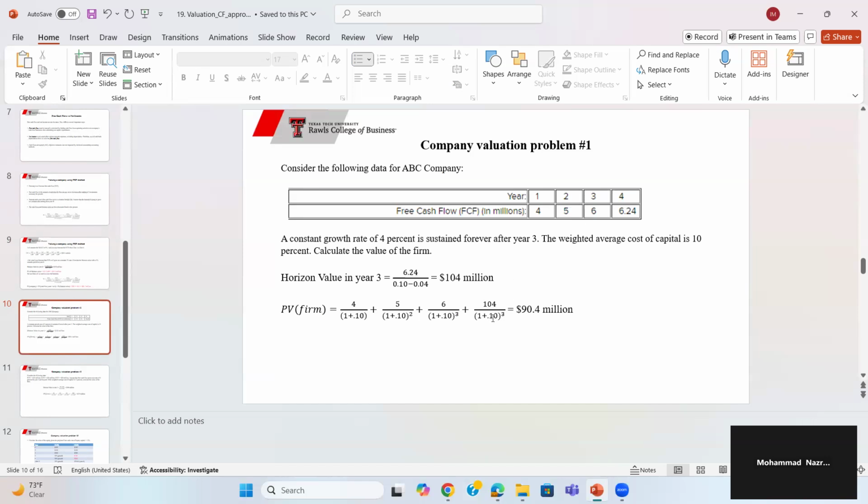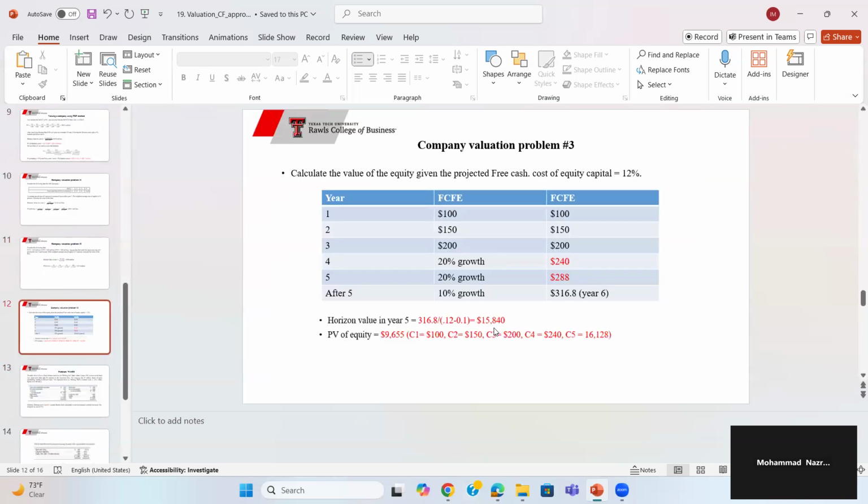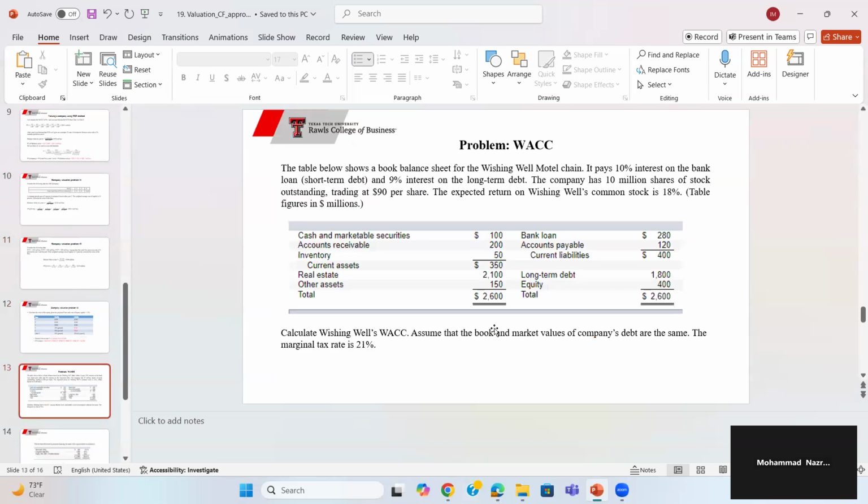The same thing as before: you discount the free cash flow part and also the horizon value part to get your actual present value. Similarly, company valuation problem 2 is the same, just with different numbers. These are all kind of the same.